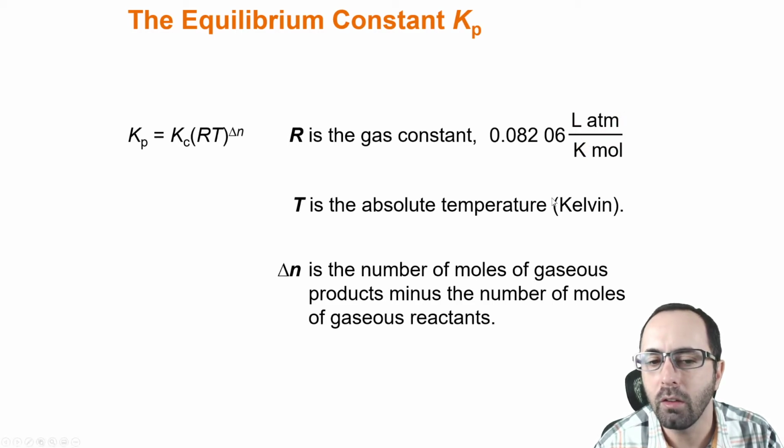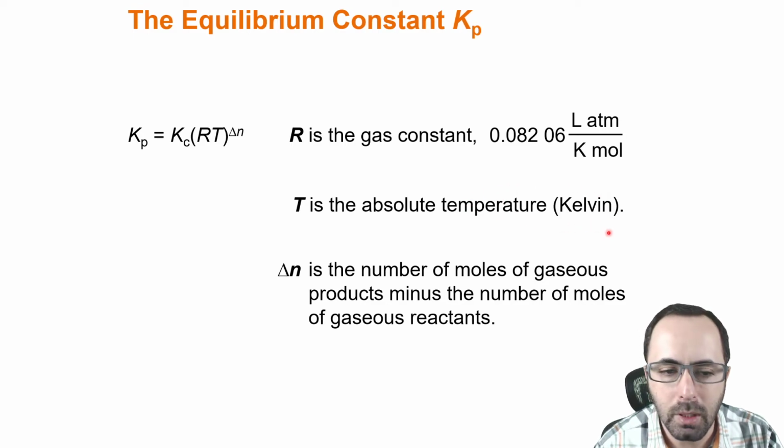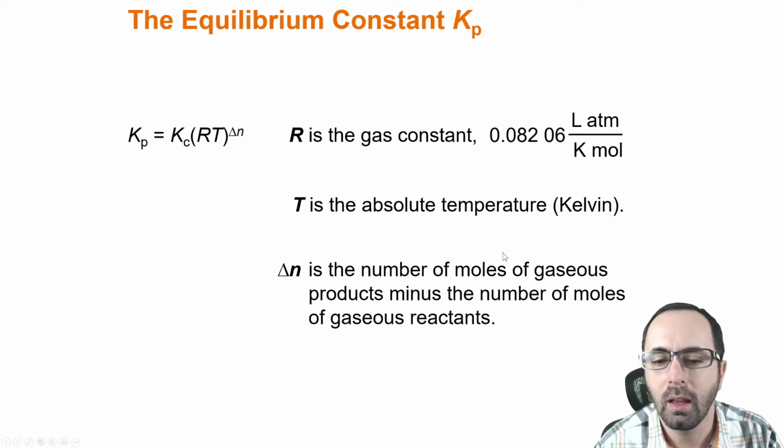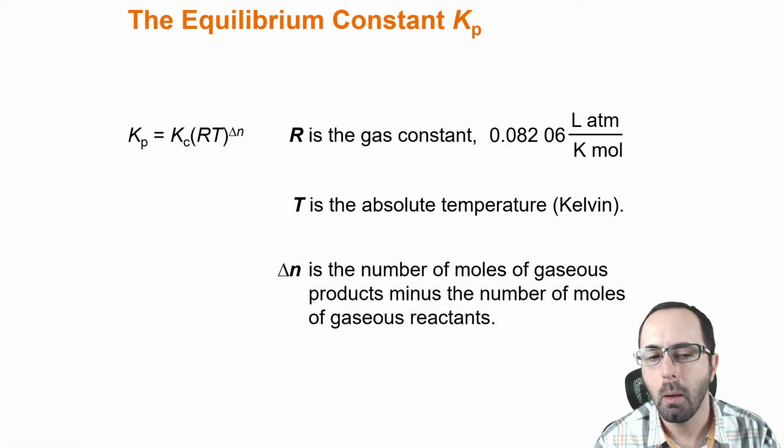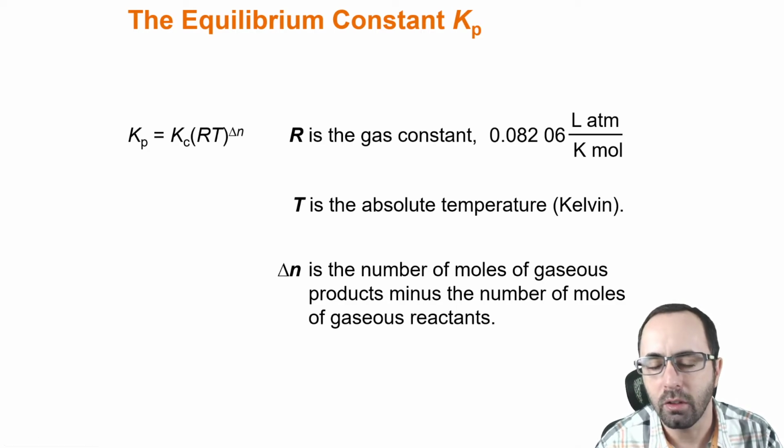They're the same constant, just in different units. This one is 0.0821, or 0.08206 with one more sig fig, liters times atmospheres per mole per Kelvin. Here the temperature must be in Kelvin for this to work. And delta n is the number of moles of gaseous products minus the number of moles of gaseous reactants.